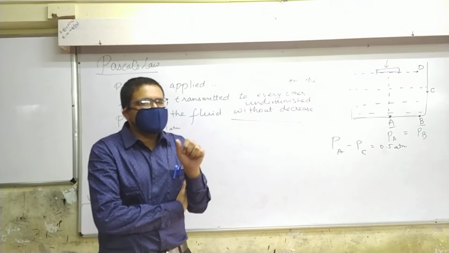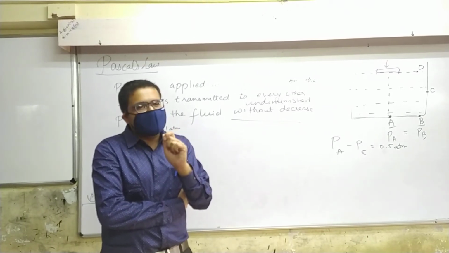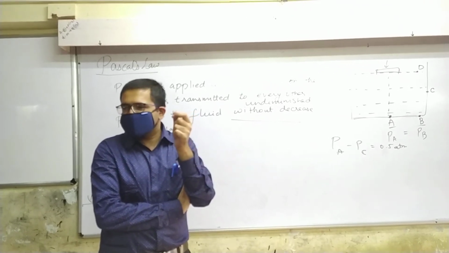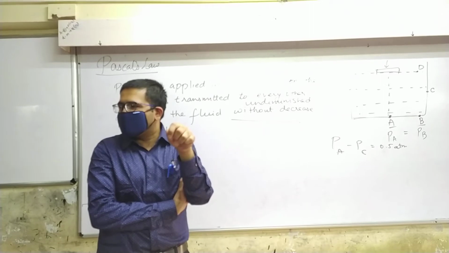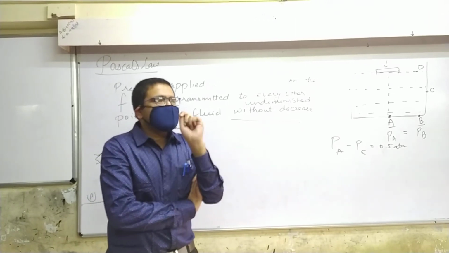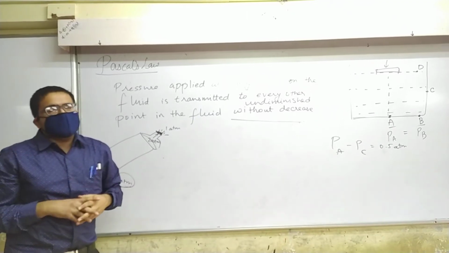But you don't find it in a cycle. Cycle brakes are simple. They are made up of wire. Have you noticed that when you apply brakes, the wire gets pulled? Okay. Fine.